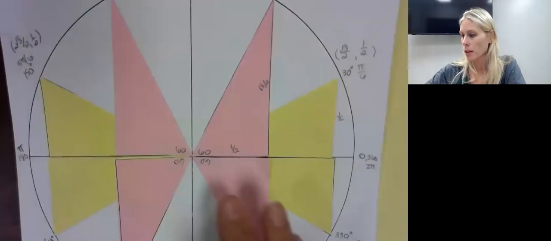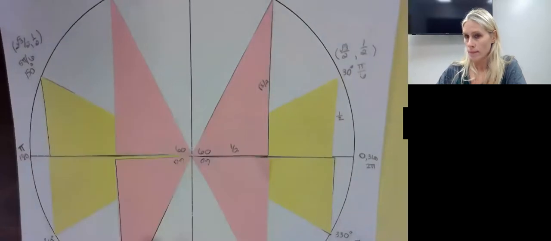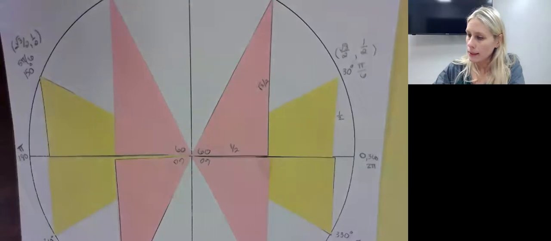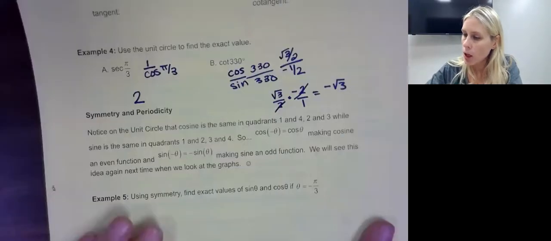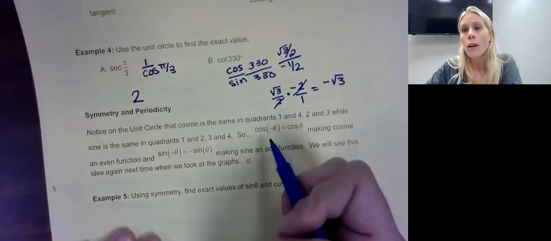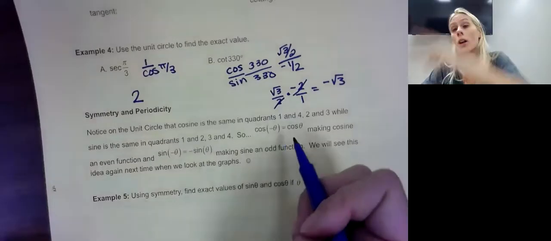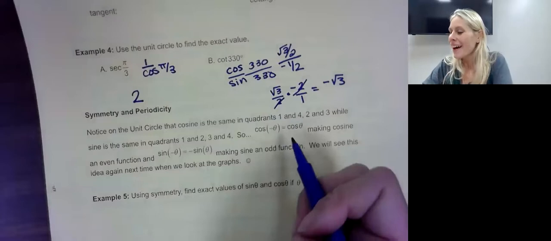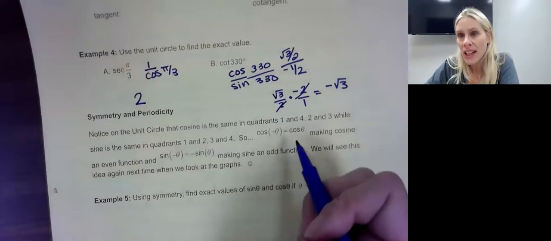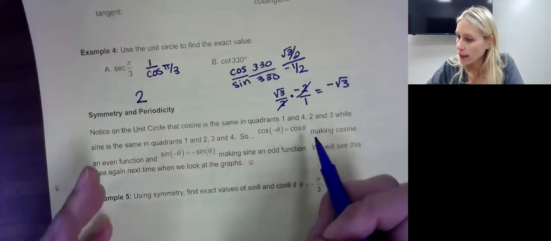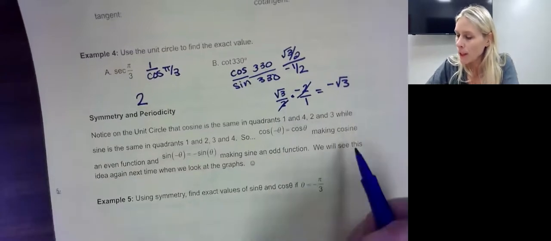Your coordinate pairs, right? So what that means is that cosine of negative theta, remember we talked about negative theta making us go clockwise, equals just cosine theta. That's great, making cosine an even function.